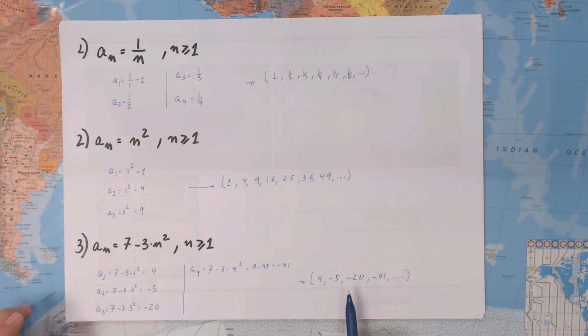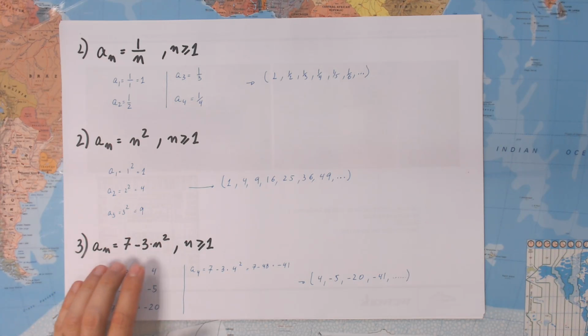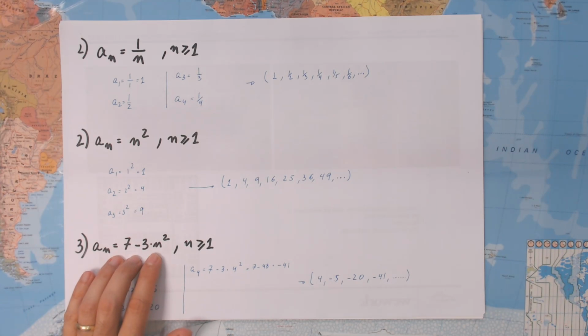Just like I told you in the beginning, it is not because you don't know the law behind the connection between those terms that it doesn't exist. A sequence is defined because it has a rule, a general formula, but just because you don't know the formula, it doesn't mean it doesn't exist.